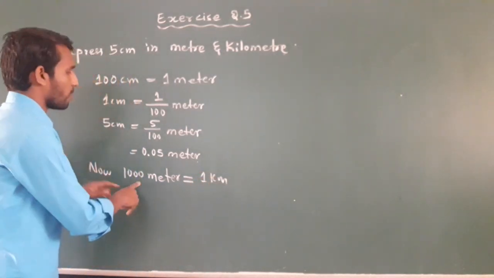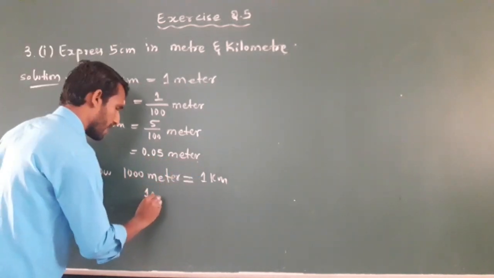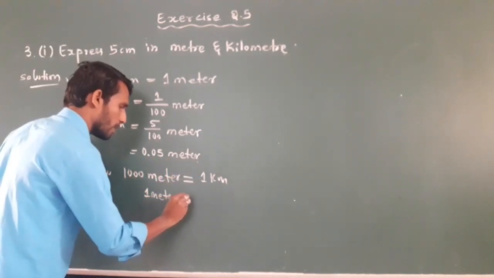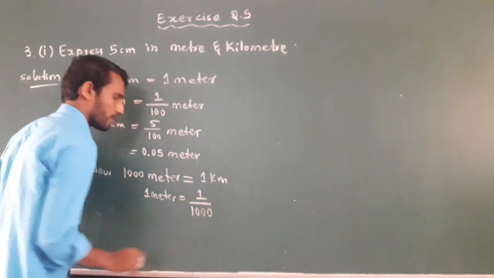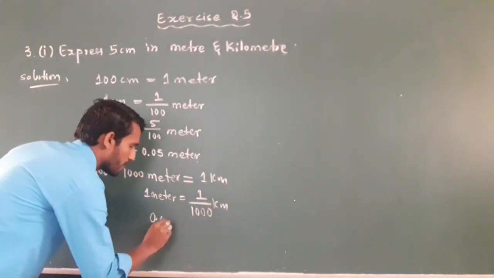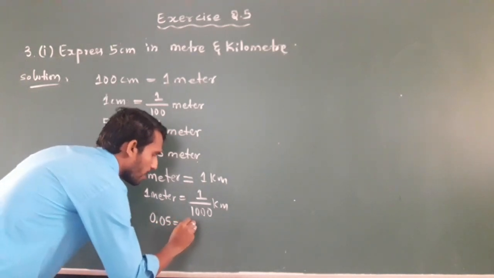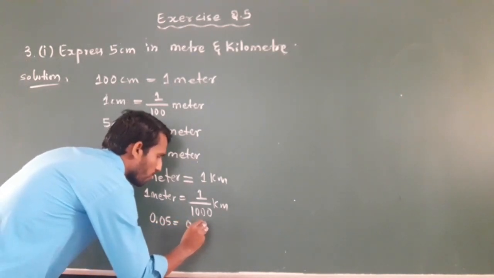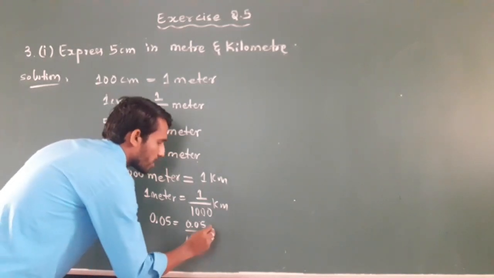So 1 meter equal to 1 by 1000 kilometer. Now 0.05 meter is 0.05 by 1000 kilometer.